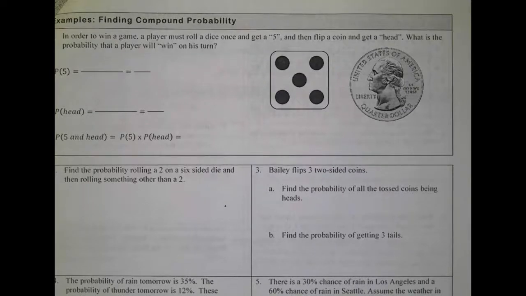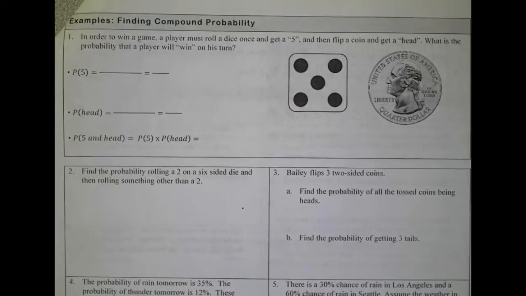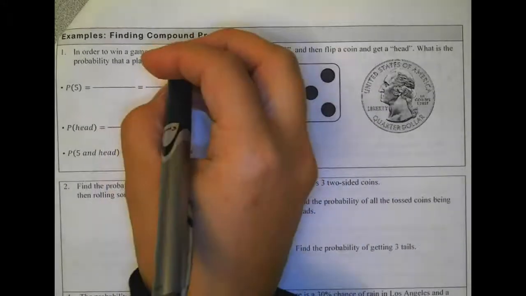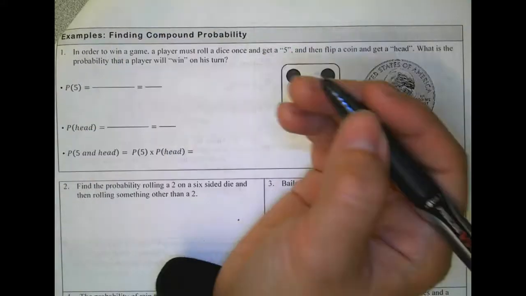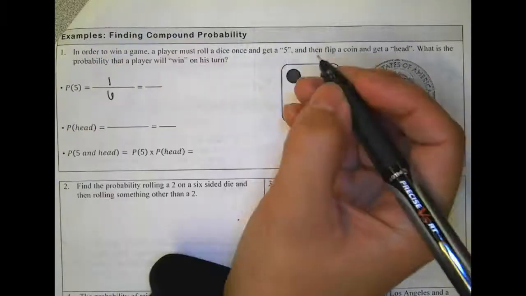Okay, finding compound probability. In order to win a game, a player must roll a die once and get a 5 and then flip a coin and get a head. What is the probability that a player will win on his turn? Well, the probability of rolling a 5, of course, on a 6-sided die, there is only one 5 and there are 6 possibilities.